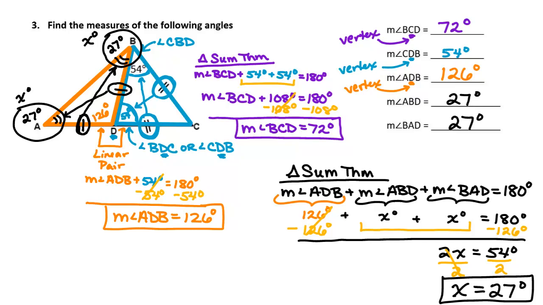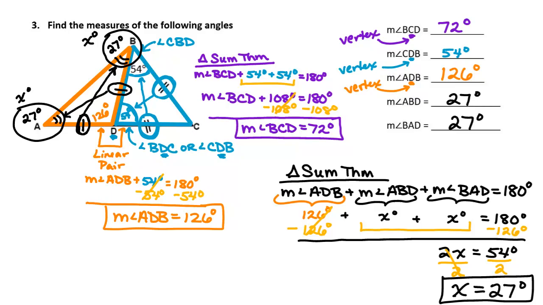Back here when I did 180 minus 126 and I got 54, I thought that was kind of interesting, because I feel like there's a 54 degrees already on this picture somewhere. I want you to look at this 54 degrees. It's down here at the bottom with D as its vertex. Is that inside or outside my orange triangle? Outside.